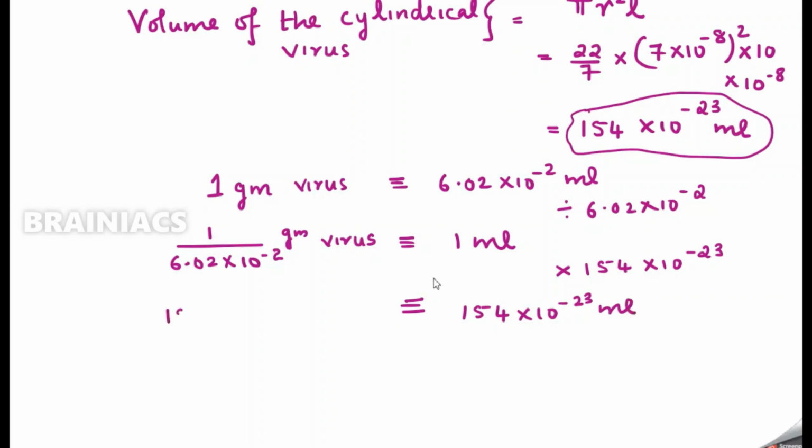So this will become 154 into 10 power minus 23 divided by 6.02 into 10 power minus 2 gram virus. Now I know the mass corresponding to this volume, correct?